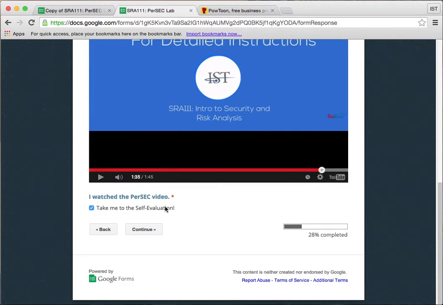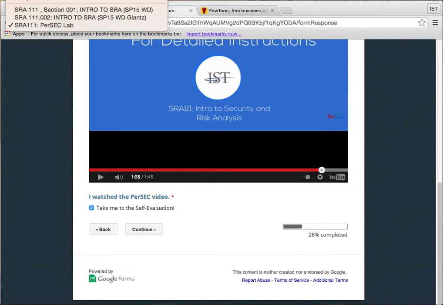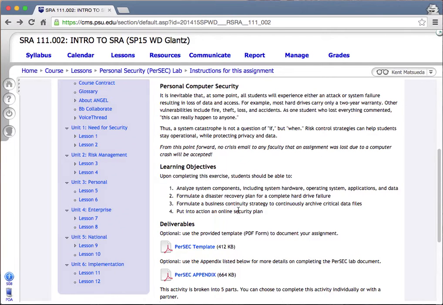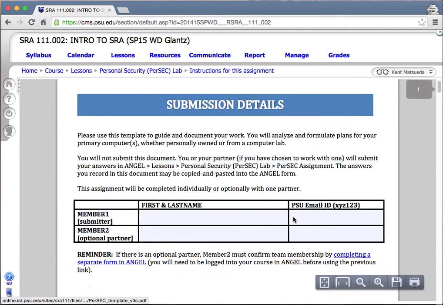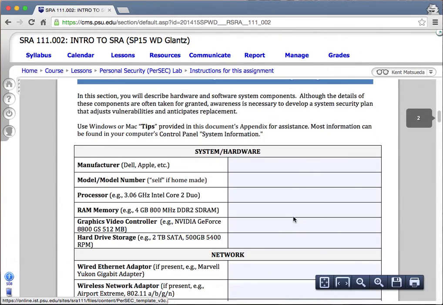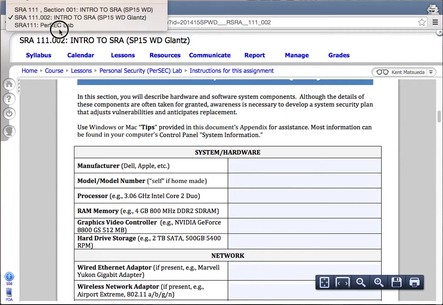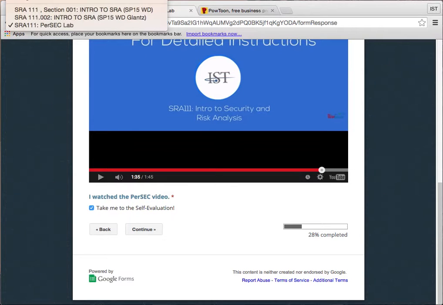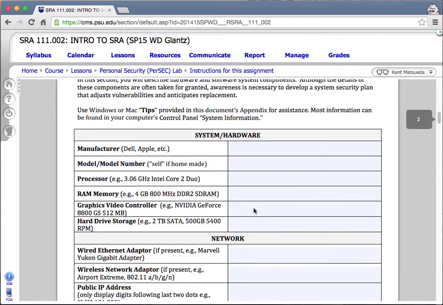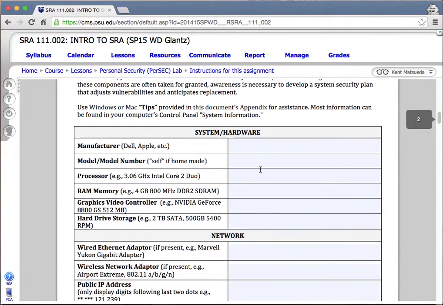Yep. And I should say again, or we should mention again, that this Google form sort of takes the place of the template input. Right. Is that correct? Yeah. Correct. So originally what students would do is they would fill in this template that Kent's going to bring back up. They used to fill in this template here to evaluate their different system hardware and things like that, systems and hardware and networks and all these different things.